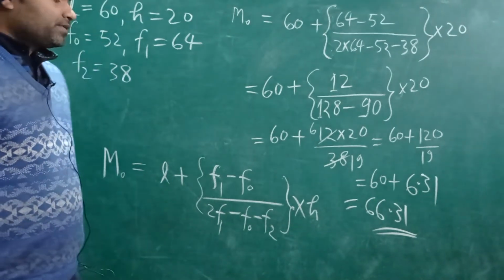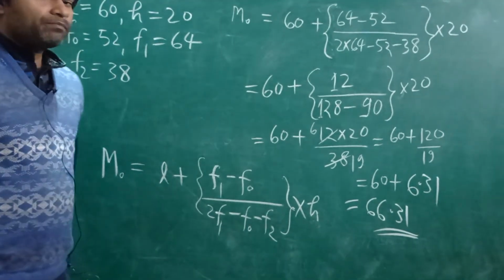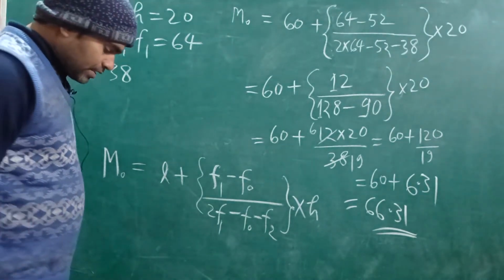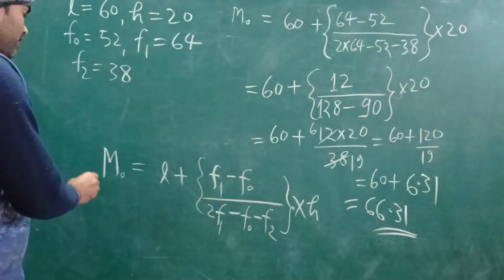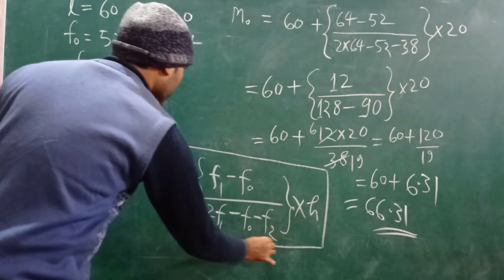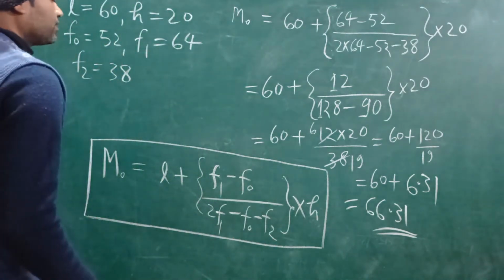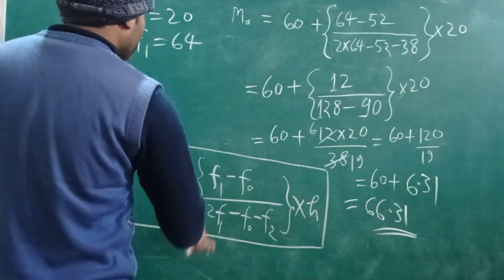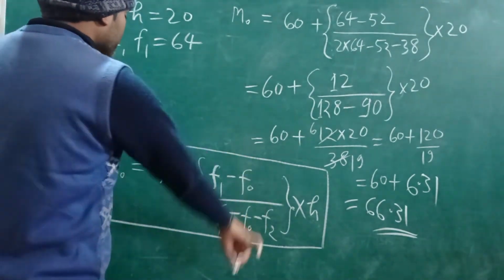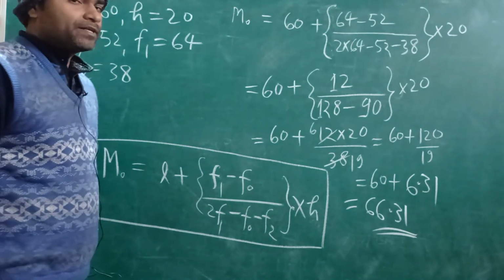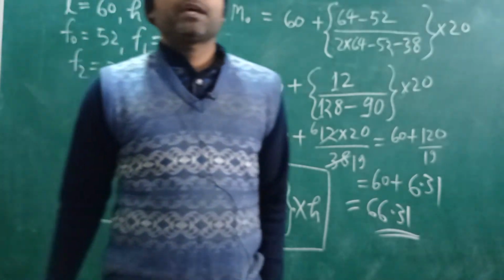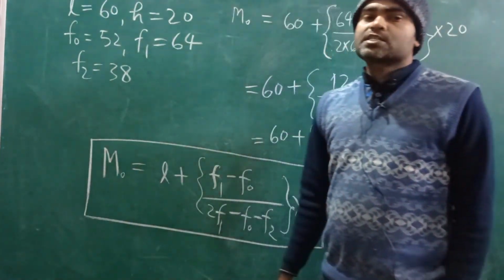So students, you can practice more and more problems of the same type, but the conclusion is that you have to remember this formula. Mode is equal to the lower limit plus f1 minus f0 upon 2f1 minus f0 minus f2 into h, where f0 is the frequency of the class preceding the modal class, f1 is the frequency of the modal class, and f2 is the frequency of the succeeding class.